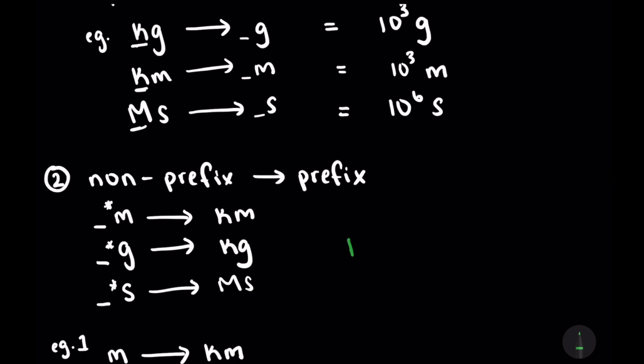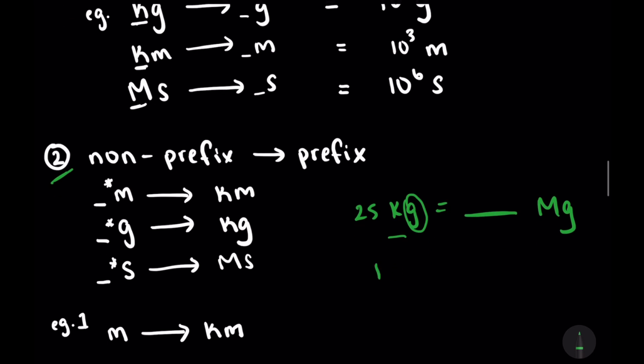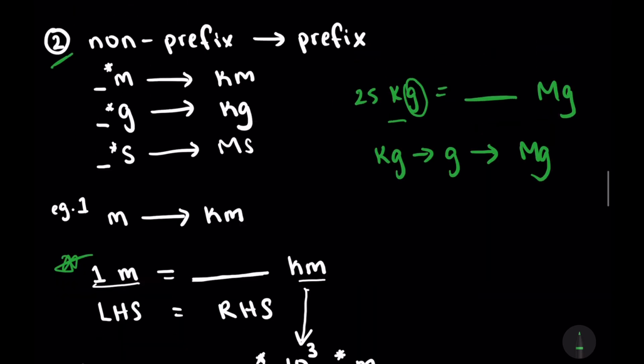And a more complicated version you might see is if they say, let's say we have 25 kilograms is equal to however many megagrams. You'd still end up using these two principles, because what you could do is go from prefix to non-prefix, as in your gram, and then go from non-prefix to prefix, just as a way of getting it from prefix to prefix.